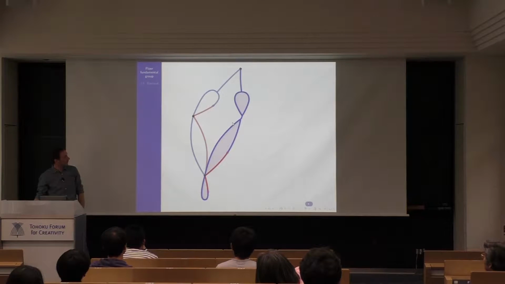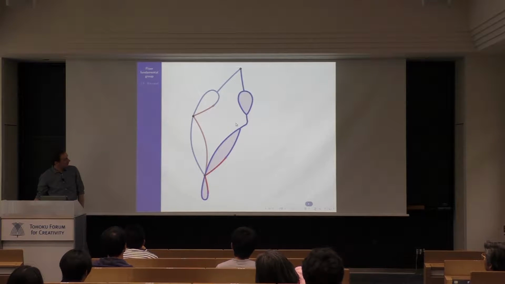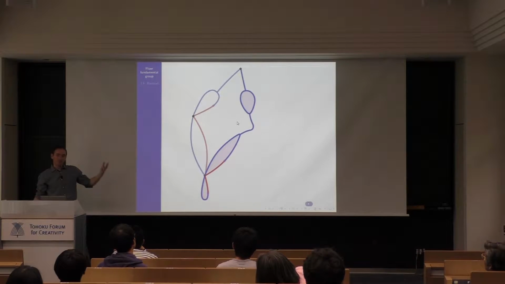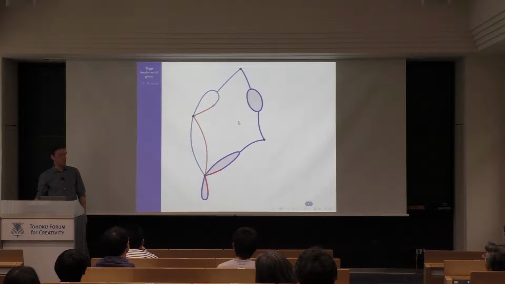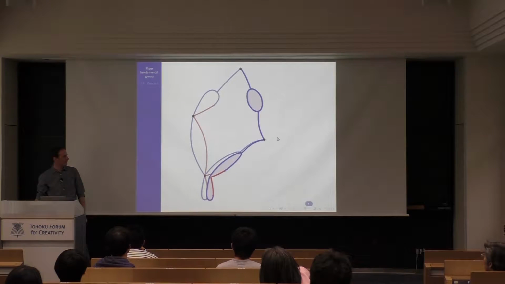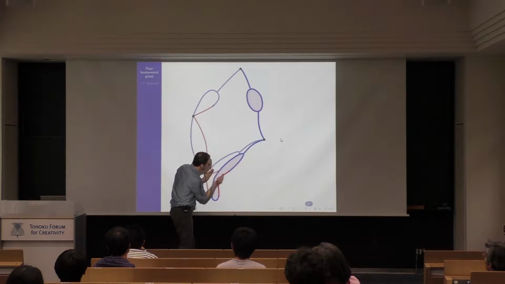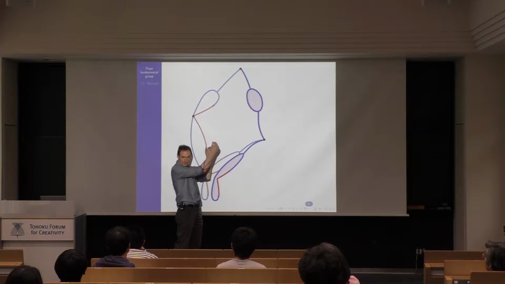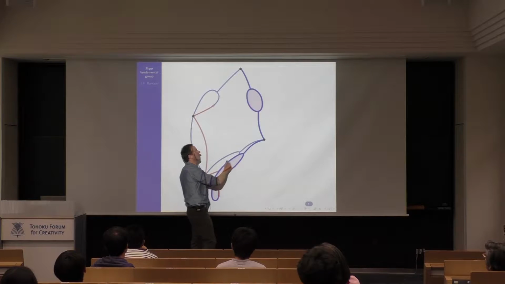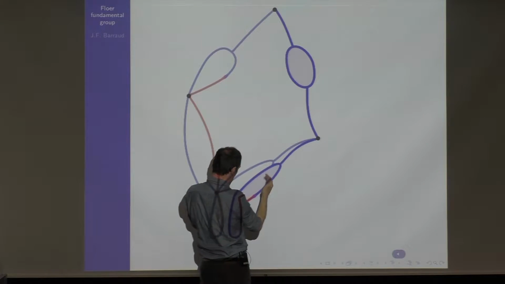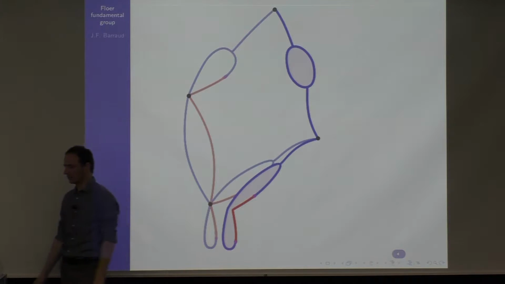So I let them flow away from one another. Of course, many things can happen again, but the new phenomenon is that the Morse trajectory can break. But that's good because this stabilizes the place where the bubbles can appear. Now, when I glue at the bottom, I get something that is completely independent of what happened before. Of course, it means that I have to take these new things as steps if I want to get a morphism. I have to allow this, but now I can move from the Morse steps to the new Floer steps.